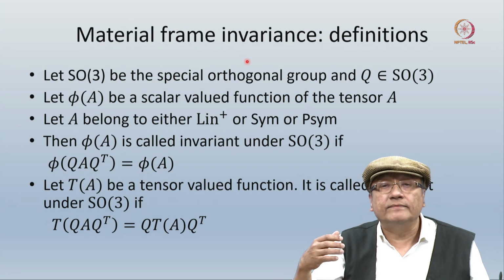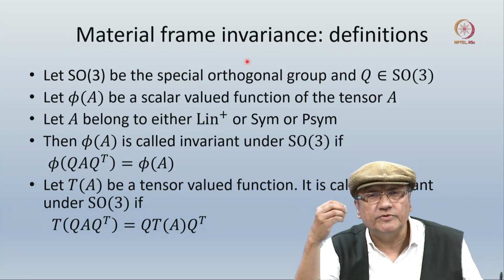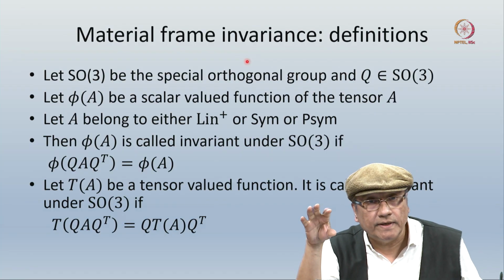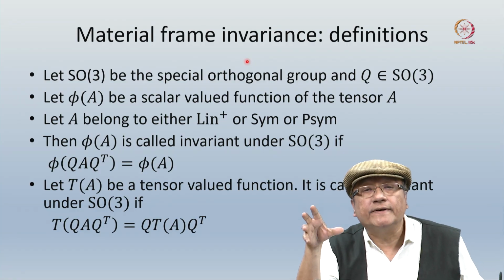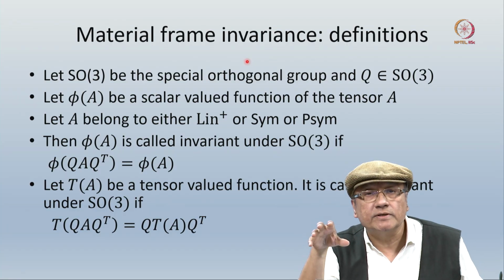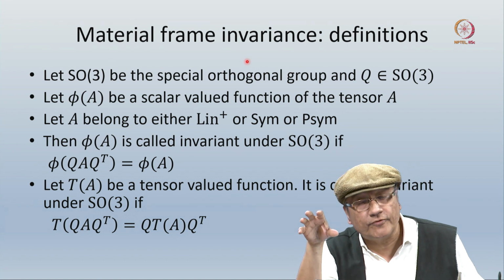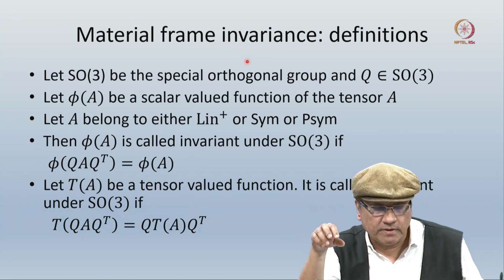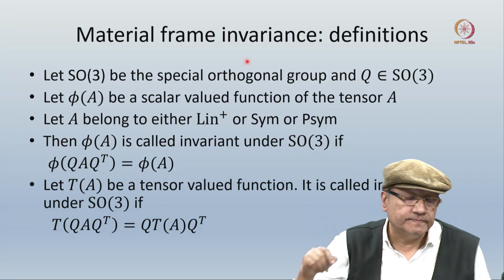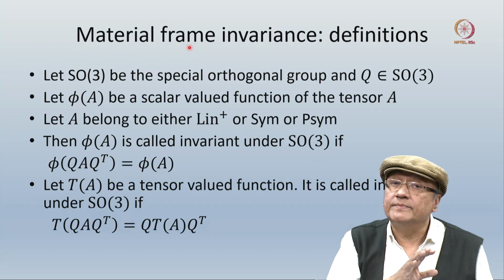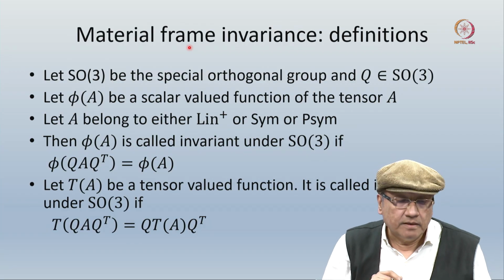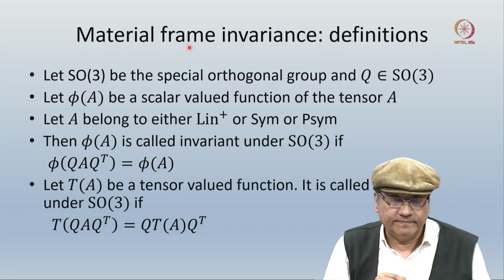So, we already have understood the concept of objectivity, where we do a change, a rigid body modification, through rotation and translation of the coordinate frame of the deformed body, of the spatial configuration. But we have left the material frames unchanged there, but now we do just the opposite, okay.